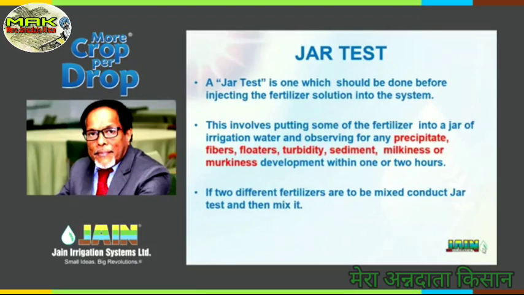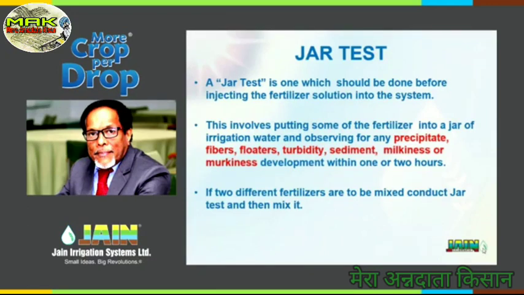Then look at the solution. If it has any precipitate which comes to the top, or fibers moving around up and down the water, or anything floating on the top, or it becomes totally turbid, like the rivers in the rainy season when water and mud come from the hills. Or some fertilizers will give a sediment at the bottom of the bottle, a whitish ash color.